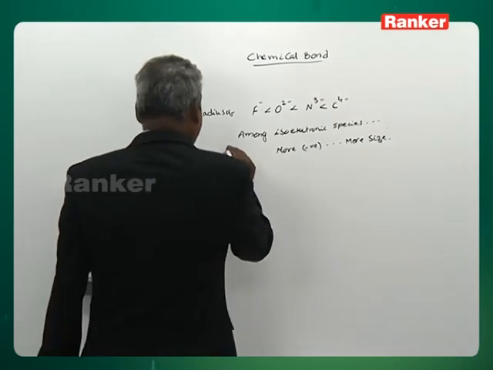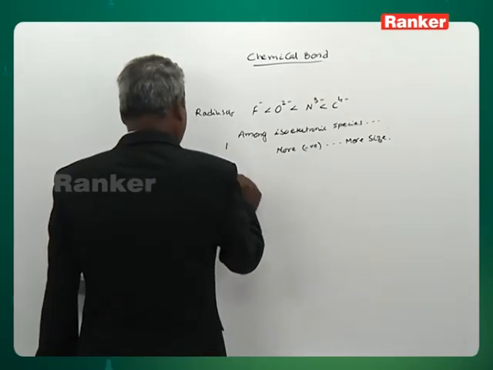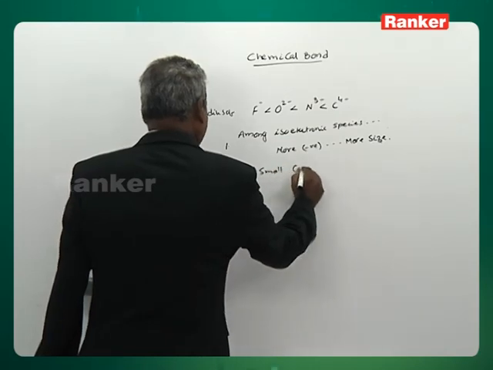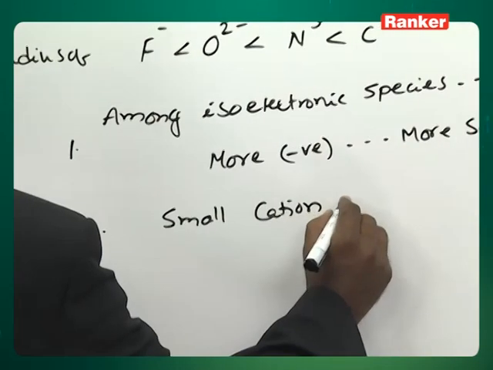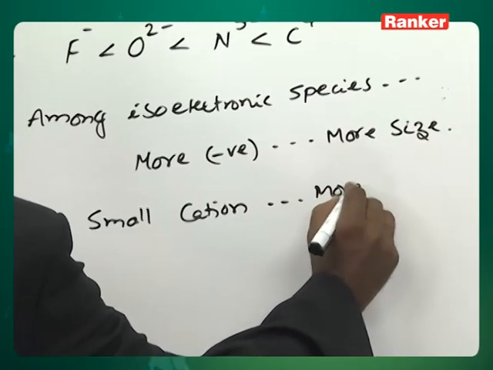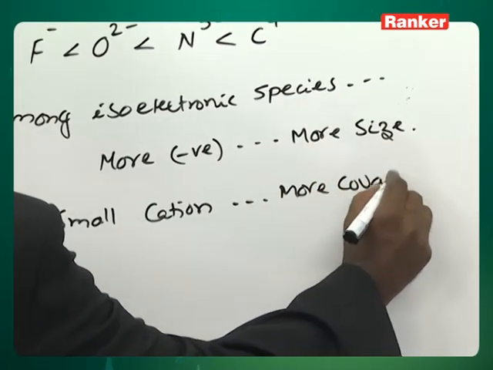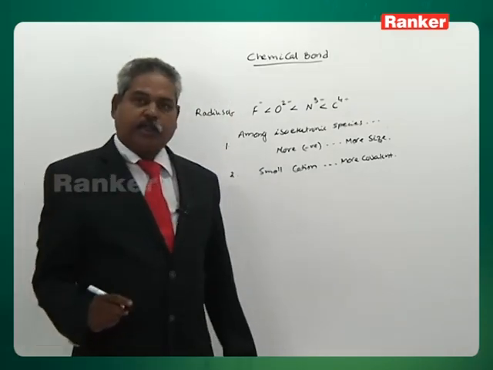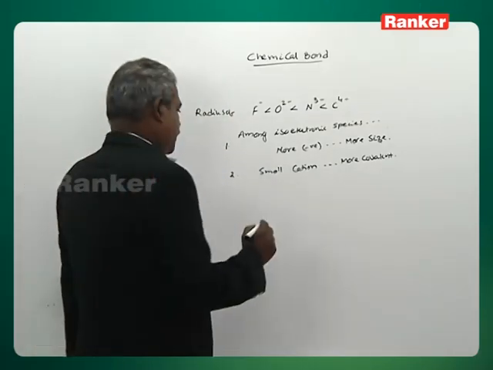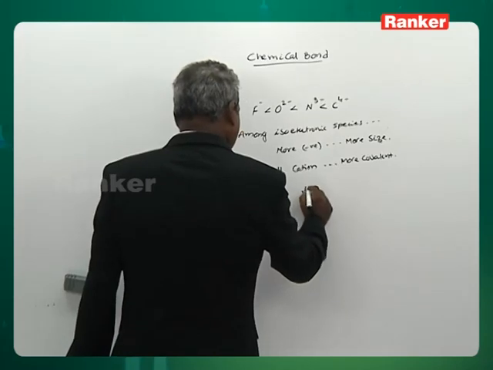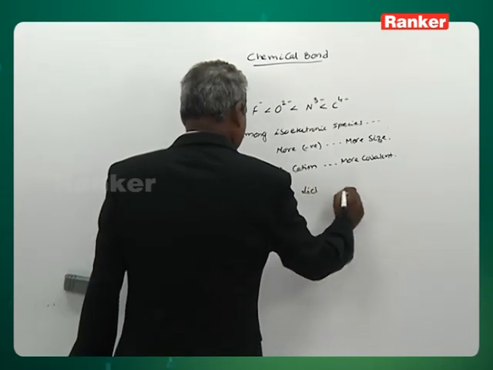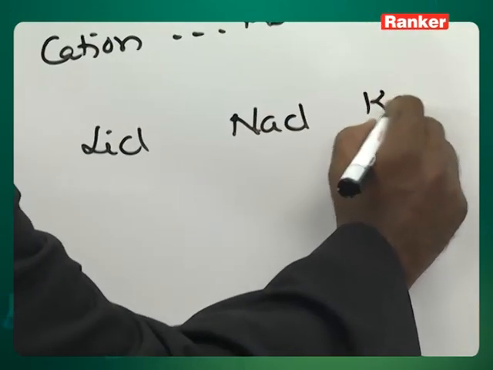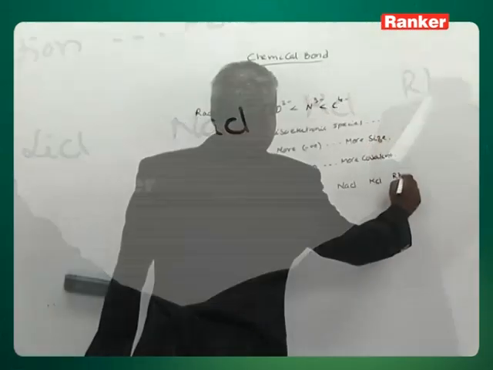And the second principle, in continuation to that, is small cation, more covalent. What does that mean? Suppose a compound in which the cation is small, for example, you have LiCl, NaCl, KCl or RbCl.